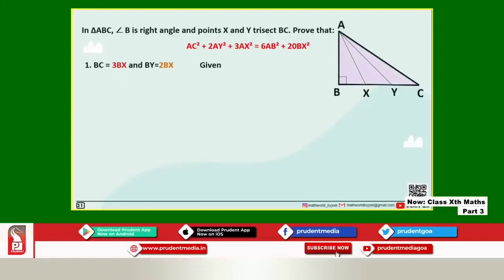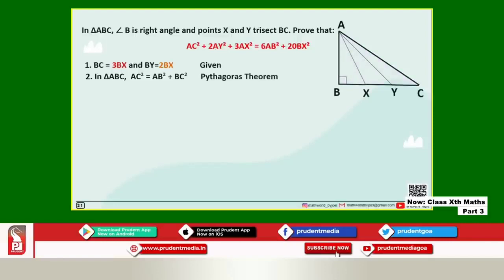Now look at the entire triangle ABC and let us write the Pythagoras theorem for it. Pythagoras theorem would be AC square is equal to AB square plus BC square. In step 1 there's also BC, so all we are going to do is replace it.